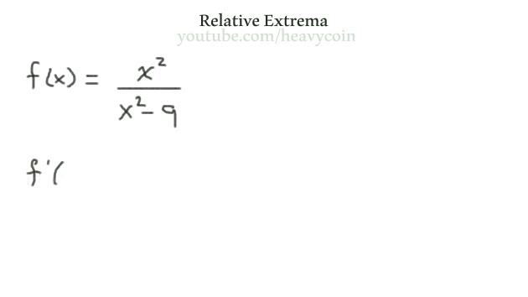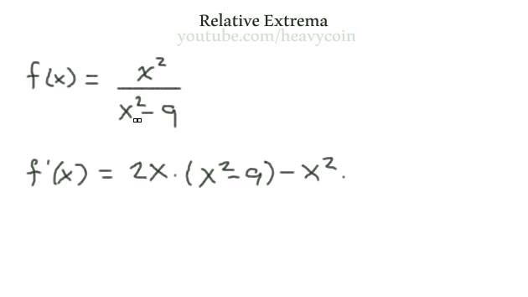So I'll write f prime of x is equal to, so we take the derivative of the numerator, and the derivative of the numerator is 2x times the denominator minus the numerator times the derivative of the denominator, and the derivative of x squared is 2x, and the derivative of 9 is 0.